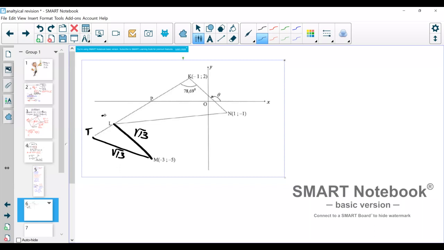Do you remember we got here as -5 and -2? But we got two possible values. We got two possible values of L, such that from here to here will be root 13. We got this one as -6 and negative, I'm not sure. Let's quickly go back and find it.